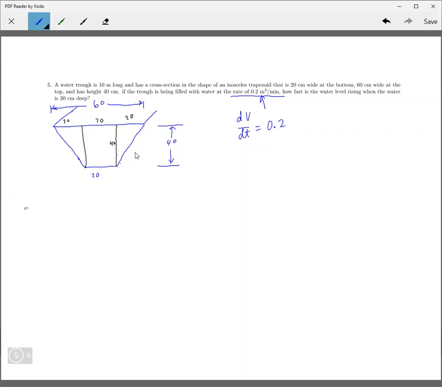So that's meters. This is meters. These are centimeters. So what I chose to do is change these to meters. So the height is 0.4. Instead of 40, I used 0.4, and instead of 60, I used 0.6, and then 0.2. So I changed all those to decimals.